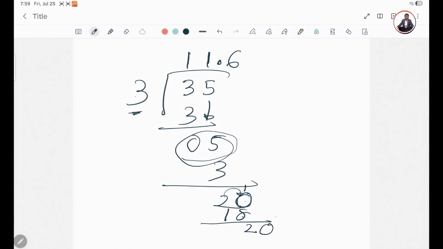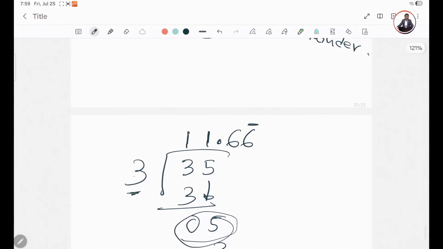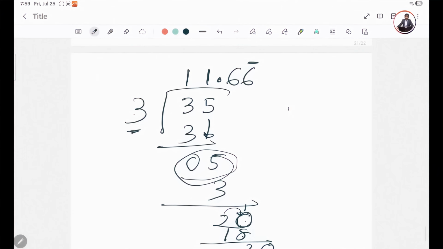Bring down 0, but you're not putting the dot again. So just how many 3's go inside 20? It is 6, 18, and then 2 again. So this is continuous like this. So the answer is 11.66 continuing like this.